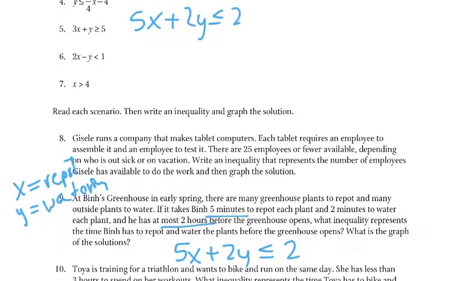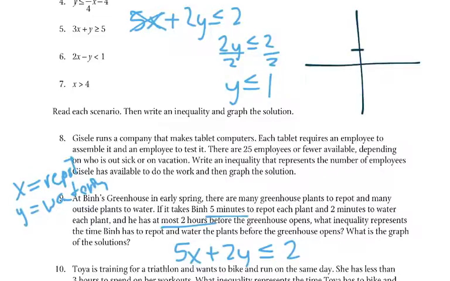Okay, so what I need to do is to find the y-intercept. I get rid of our x term, so we just have 2y is less than or equal to 2, divide by 2, and we get y is less than or equal to 1. So on our graph, y is a 1, I draw my first point. That's the y-intercept.